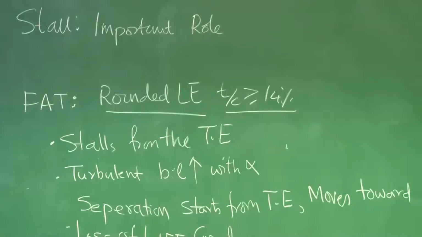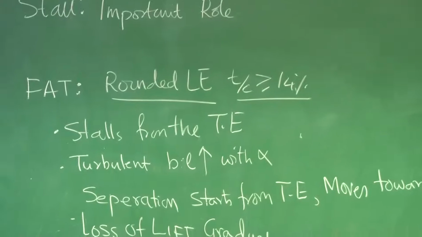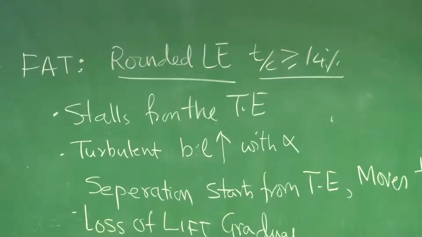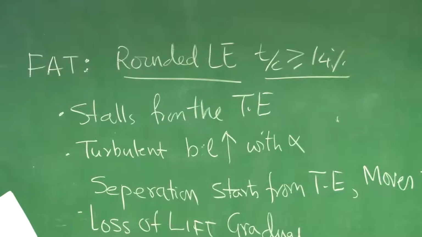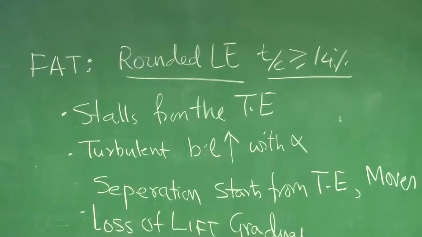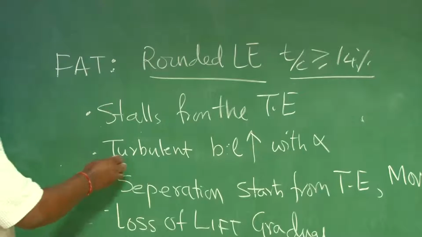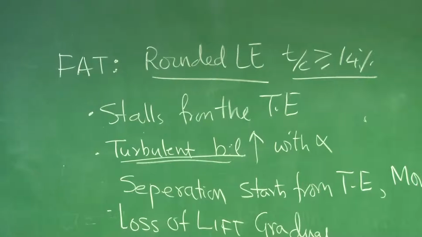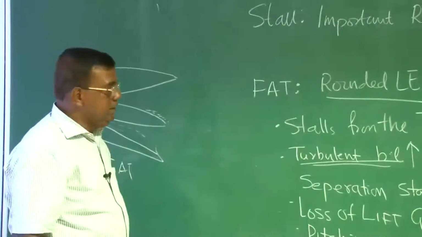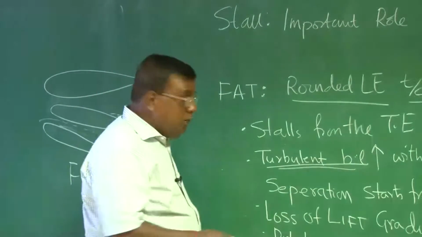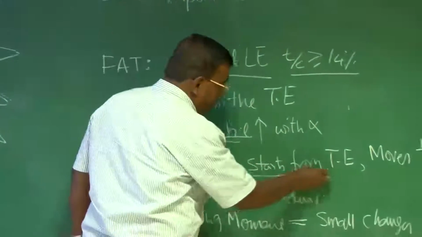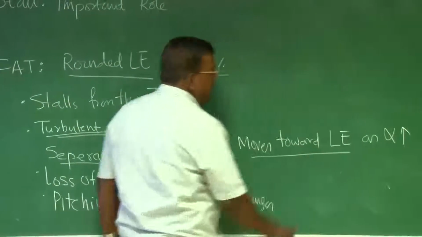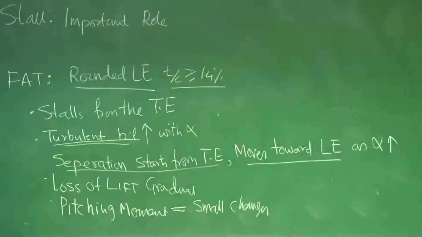For a fat aerofoil, with rounded leading edge and T by C greater than 14%, such aerofoil stalls from the trailing edge. The boundary layer becomes very turbulent as angle of attack increases, and the flow separation starts from the trailing edge and moves towards the leading edge as alpha is increased.